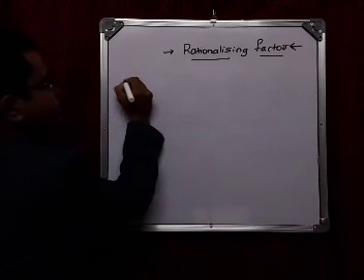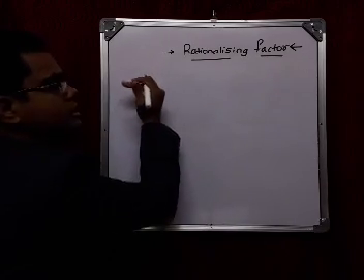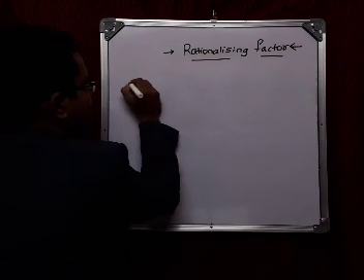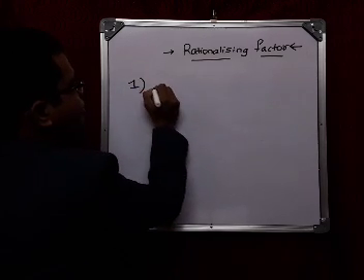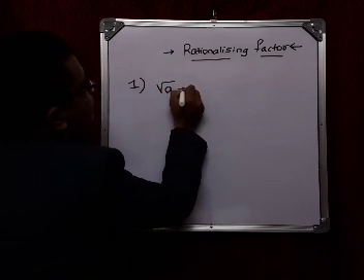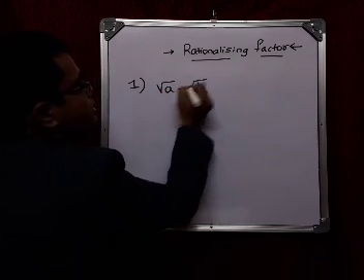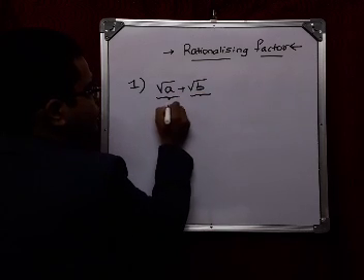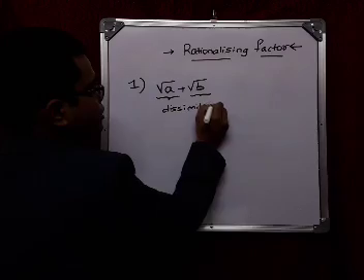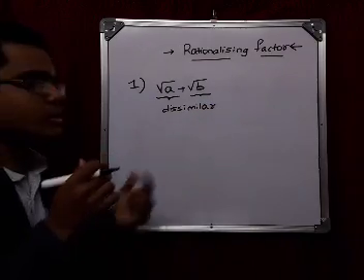Here we are going to discuss step by step what different types of rationalizing factors are available. First one, root a plus root b. These two are dissimilar, meaning they cannot be simplified into one surd.